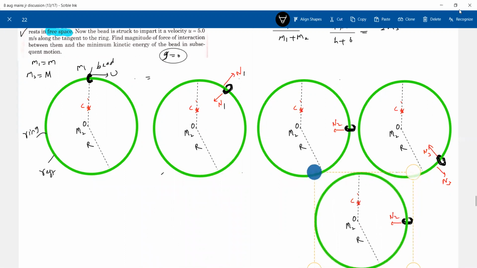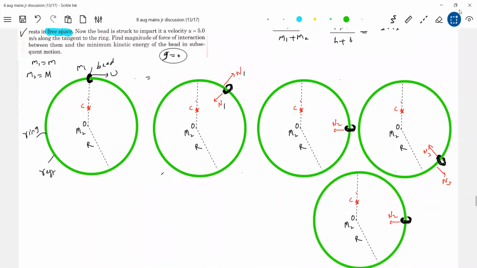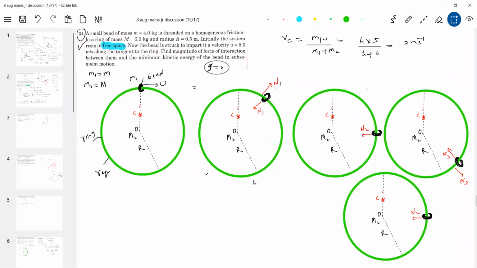I'll show it here. Okay, now the next position after this will be here.